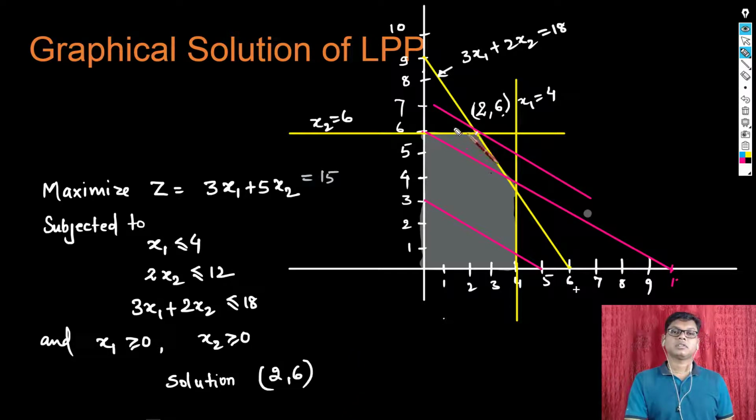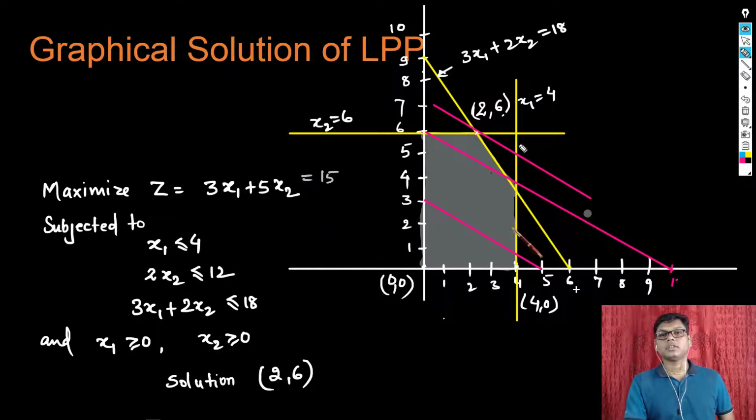See, these are the corner points. Generally in the school time when we were solving this type of problems, what we were doing, we were seeing all the corner points which we are getting here. We have 5 corner points, so at every corner point we were checking x1 is equal to 0, x2 is equal to 0, just put it here, you will get z value, so that is 0. Then here it is 4, 0, so just put it there, you will get 12.